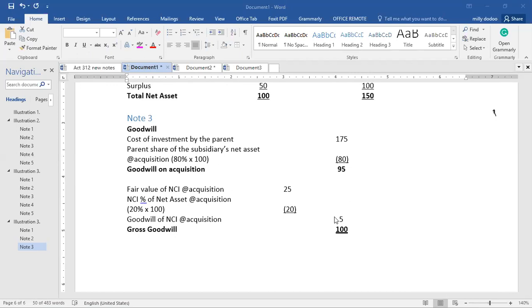And then we'll continue by testing for impairment, how to test for impairment, and then we'll finalize the question. But I'd like you to analyze the 3 questions side by side and know the differences among them. Then you know how to tackle them, especially this particular note 3.